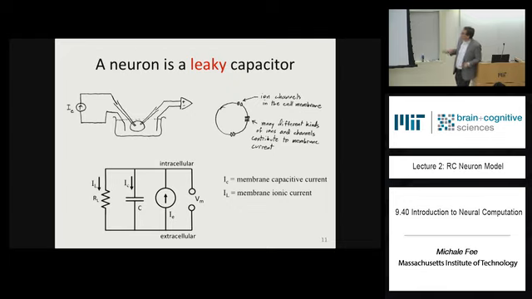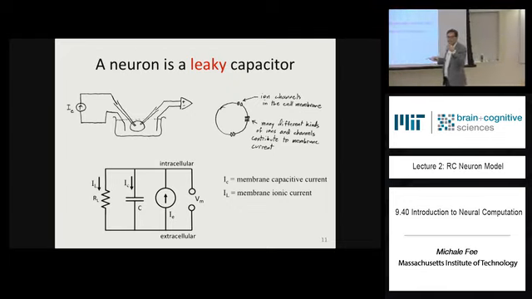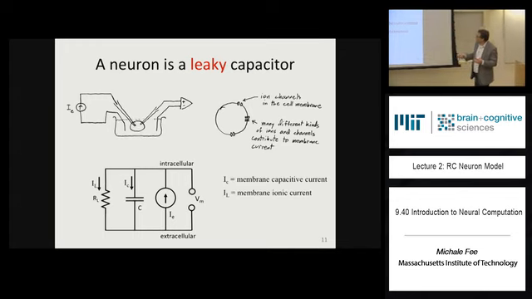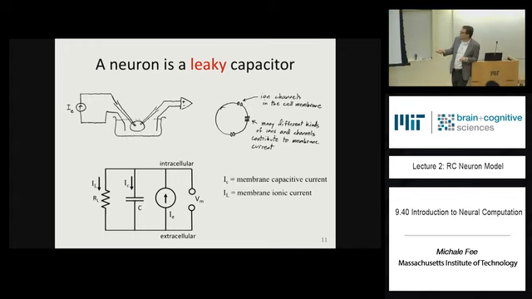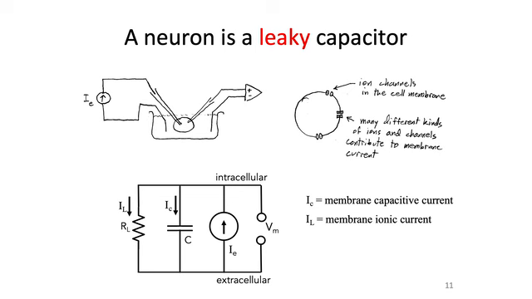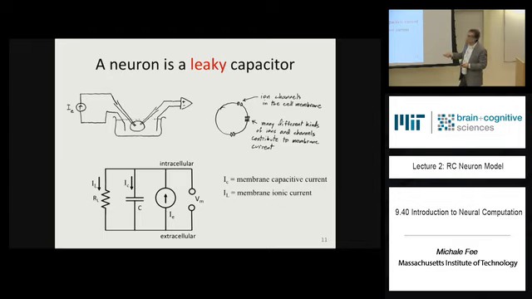So what we're going to find is that the ion channel, a leak conductance, can be represented in our model simply by a resistor. And we're going to have our membrane capacitive current, and a membrane ionic current that's due to ions flowing through ion channels in the membrane.